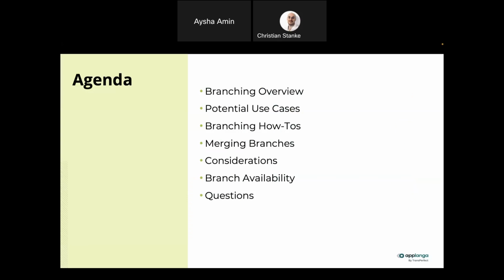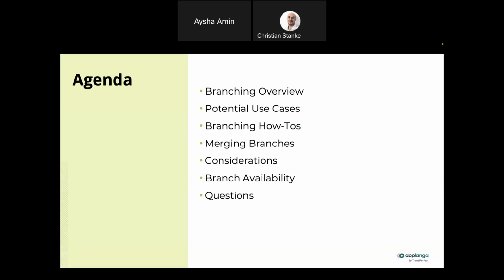Right. So first, I'll give a quick overview of the feature, and then I'll briefly cover some common branching use cases. Then we'll get into the how-tos, like how to create a project with branching enabled, how to migrate an existing project to a branching configuration, how to manage your project branches, how to create orders based on branches, things like that.